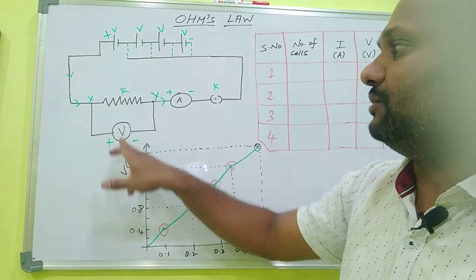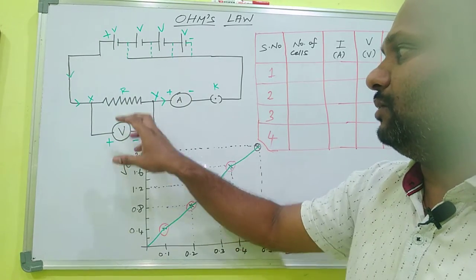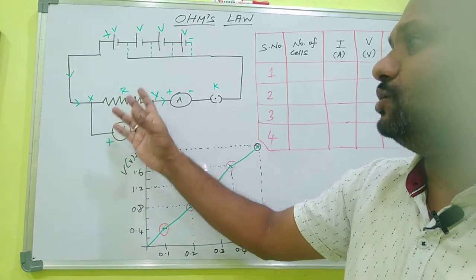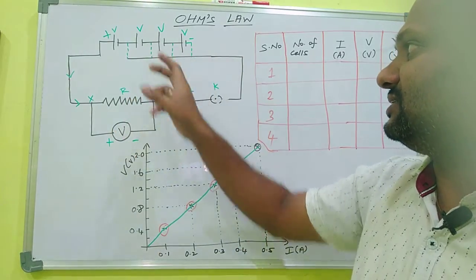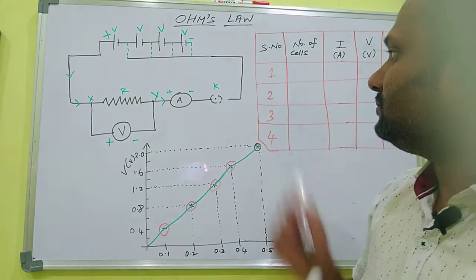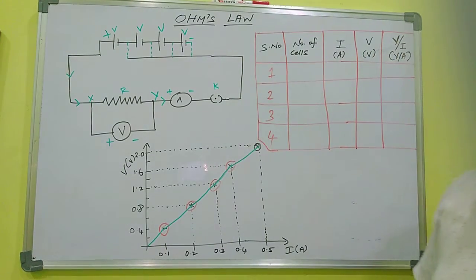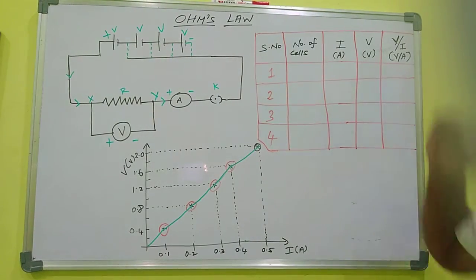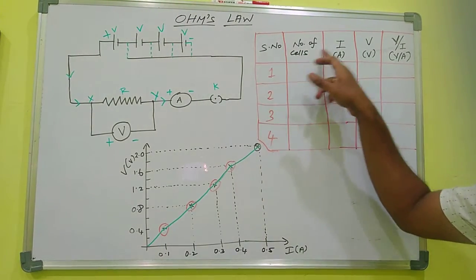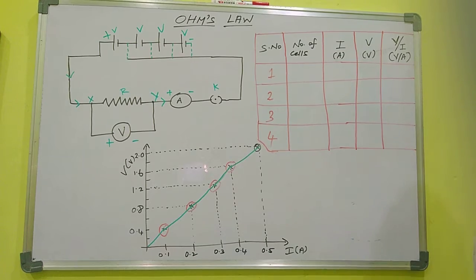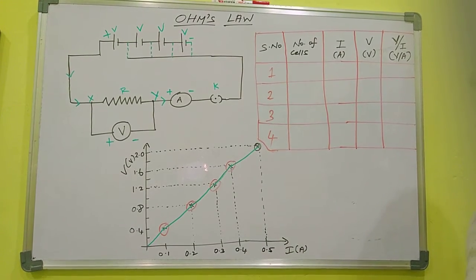How much? 1.5 volt. For example, 1.5 volt is passing through the electrical circuit. How much current is flowing through the electrical circuit? We make some notes. By understanding this, we can tabulate one tabular column: serial number of cells, current, voltage, and voltage by current, the ratio of voltage to current.